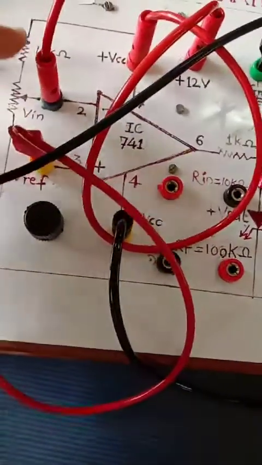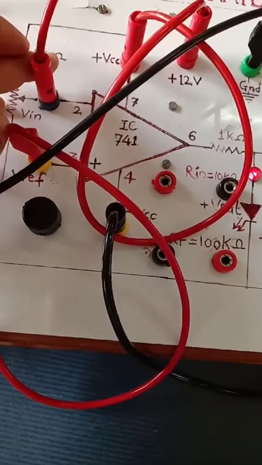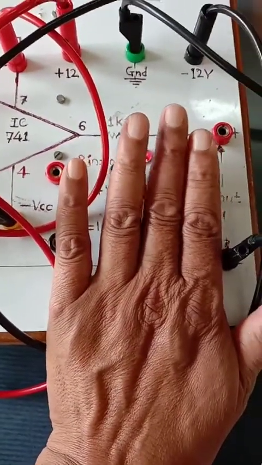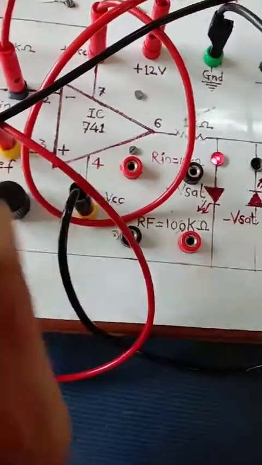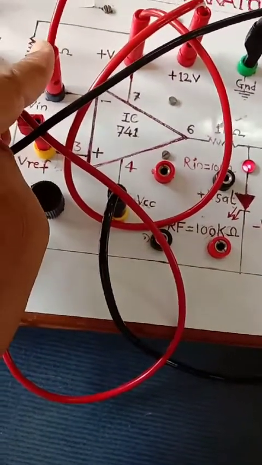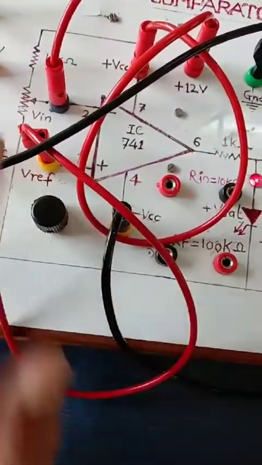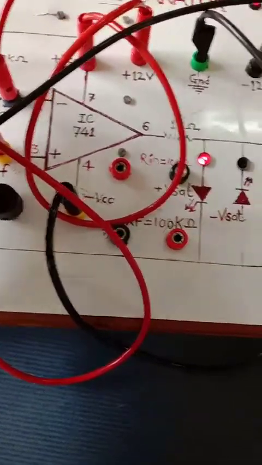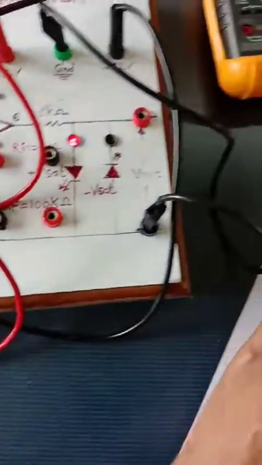But if the input voltage slightly exceeds 6 volt, the output state changes and we get a negatively saturated output. So here the trip point voltage is 6 volt.